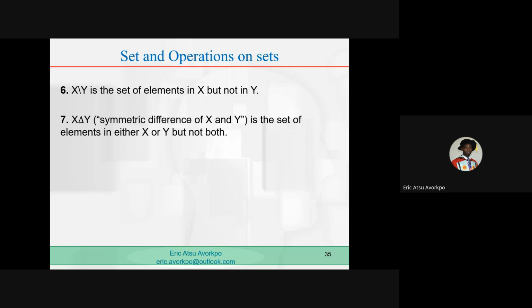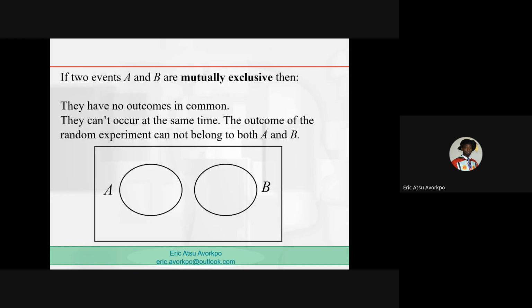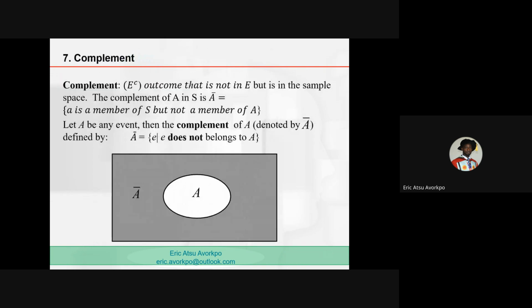So it means that we are looking at the separated aspect. If the two circles have met, we would have looked at other aspects that have not merged or have not crossed each other. So we are looking at the onlys. So these are some of the things, and then we also talk about the complement of a set.